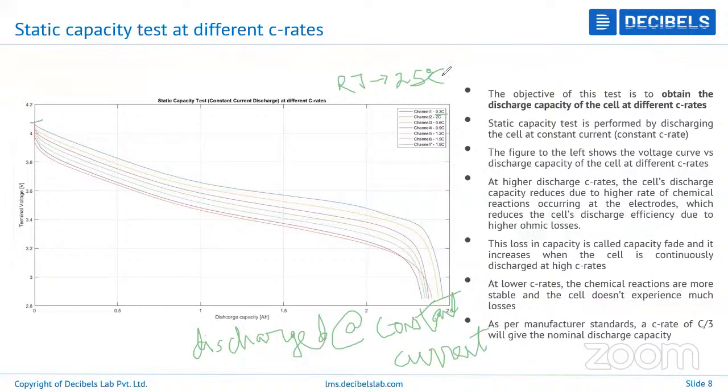In this case the maximum is 4.2 V, and the minimum voltage will be 2.85 V. This is for a lithium ion cell of 2600 mAh nominal capacity. This is the kind of voltage curve you can expect once you perform the static capacity test.